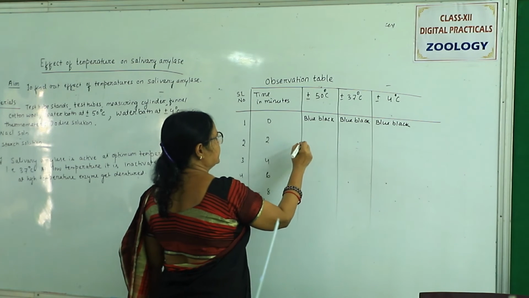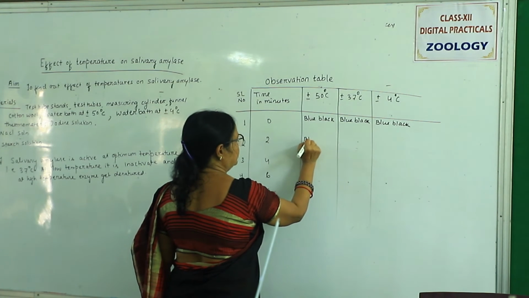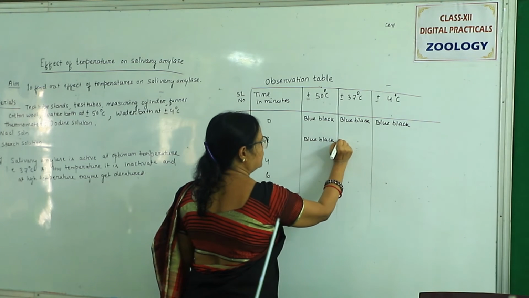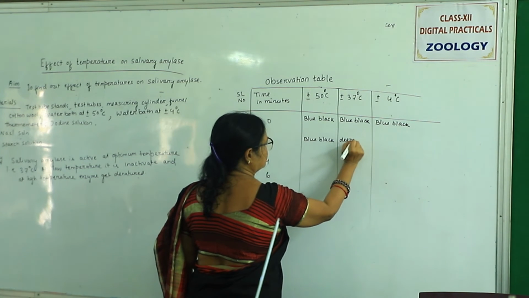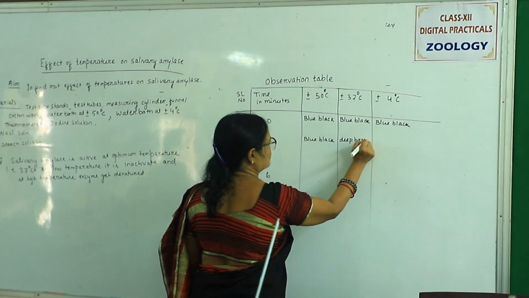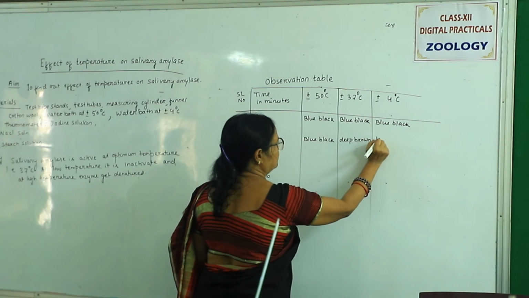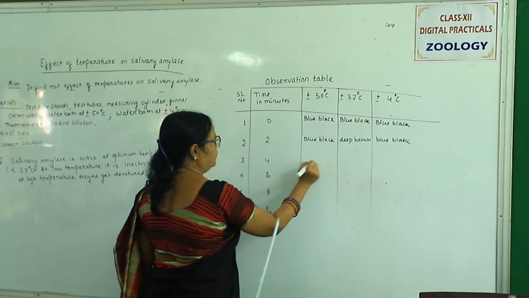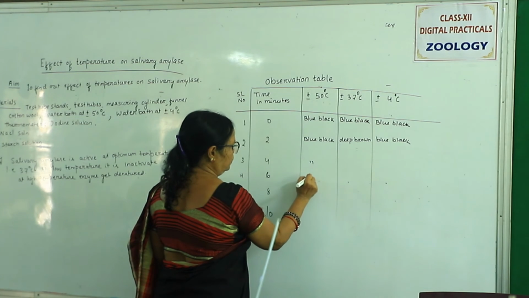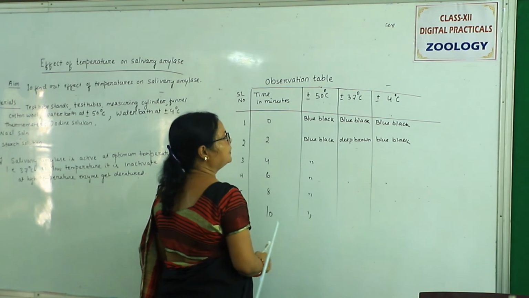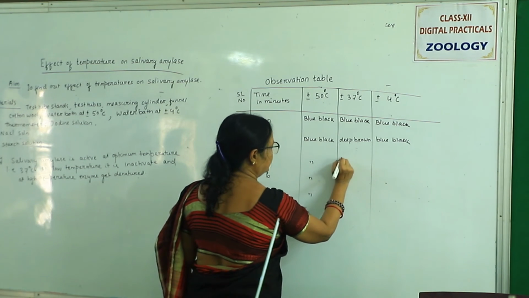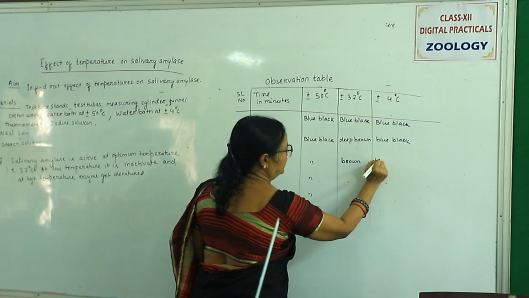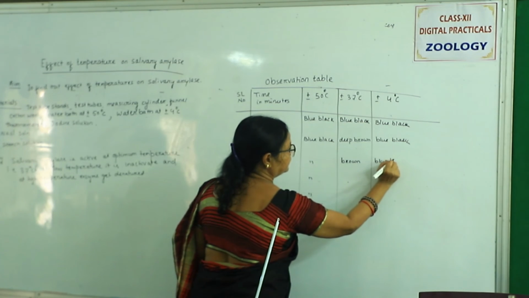Again after 2 minutes it is also blue black, and it turned to deep brown, and it is blue black. So at every 2 minute interval it turns blue black at 50 degrees centigrade, gradually changes to brown color at 37 degrees centigrade, and remains blue black in ice.